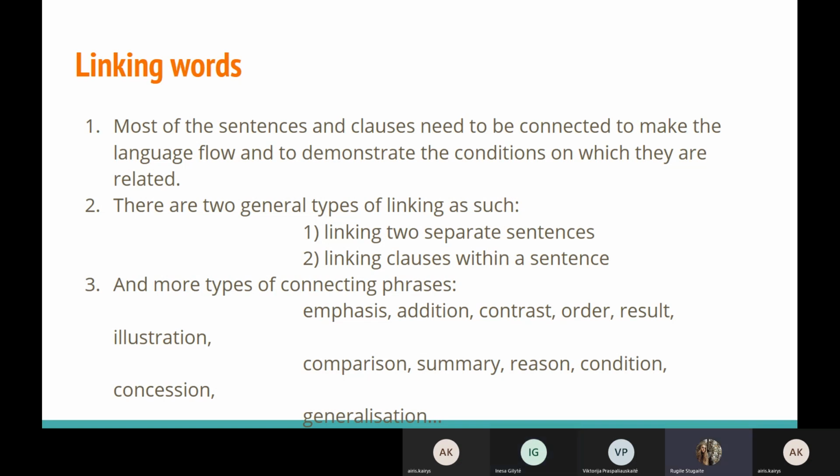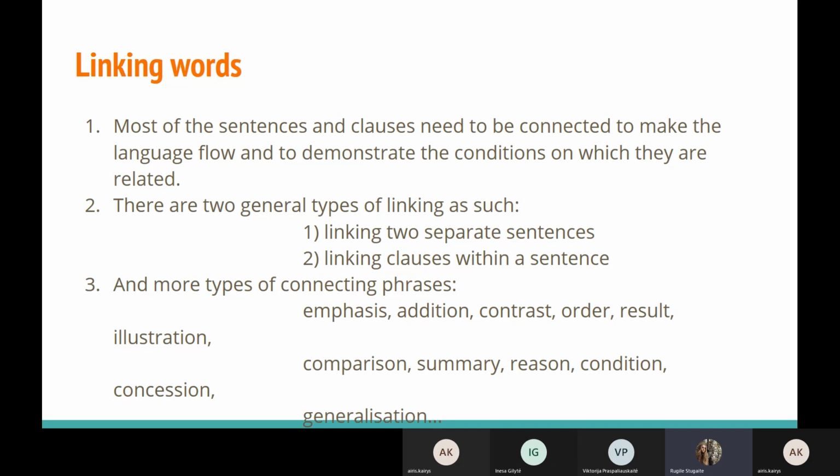So about linking words, this is a really important topic, especially for writing essays, because linking words connect clauses and make the language flow, and also demonstrate the conditions on which they are related.